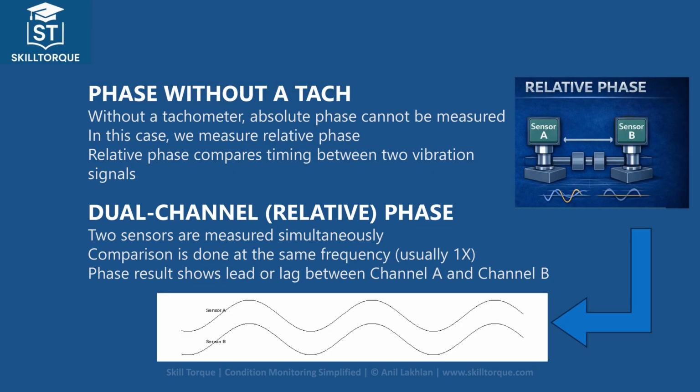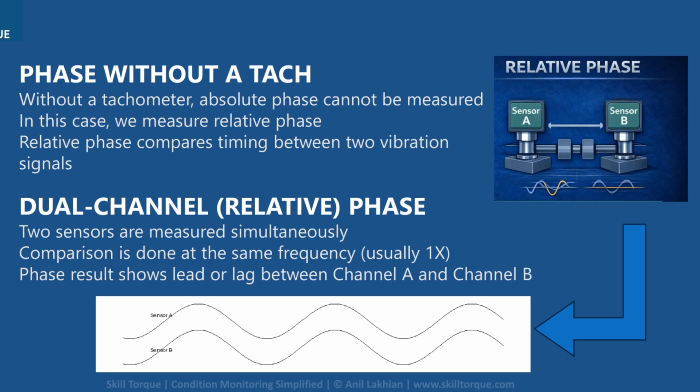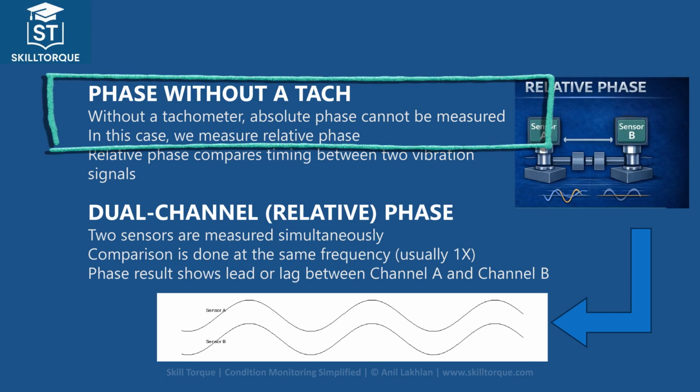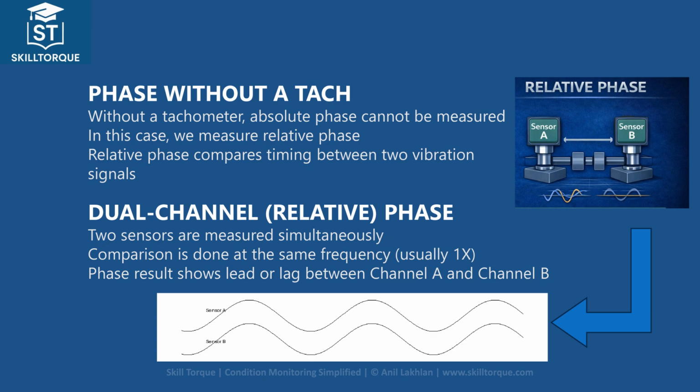Okay, so normally most analysts think that if there is no tacho, then there is no phase, especially those who have just started learning about vibration. Whenever they hear the name of phase, they think we need one tacho and one sensor, then only we can have the phase. But actually it's not true, because phase can also be measured without a tacho.